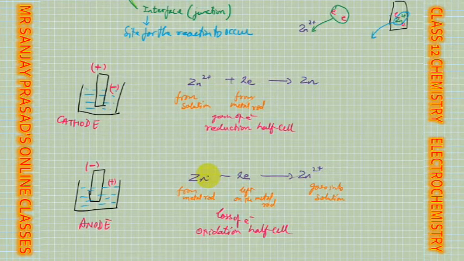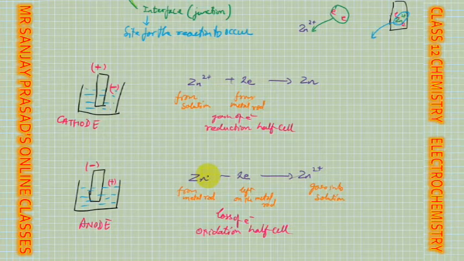So this reaction is taking place on the anode, and in the previous one, the cathode, reduction was taking place. Clear? So one is oxidized, the other one is reduced. One gives rise to cathode, the other gives rise to anode.